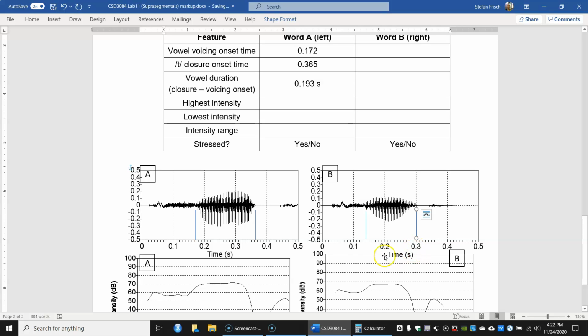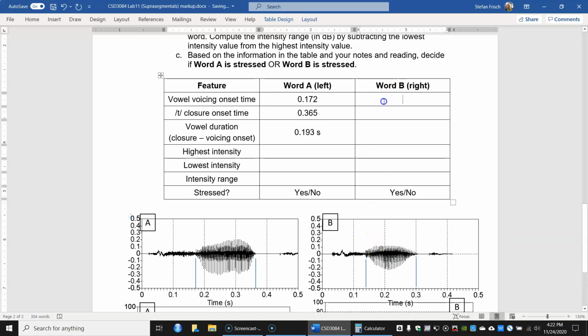But we could say it ends at 0.3 and it starts at 0.14. So from 0.14 to 0.3, giving us a difference of 0.16. That one I can do in my head, or 0.160 maybe, to make them comparable in terms of the number of decimal places.